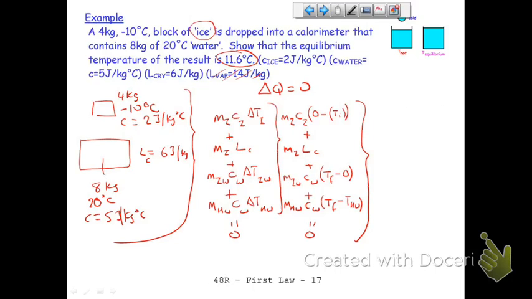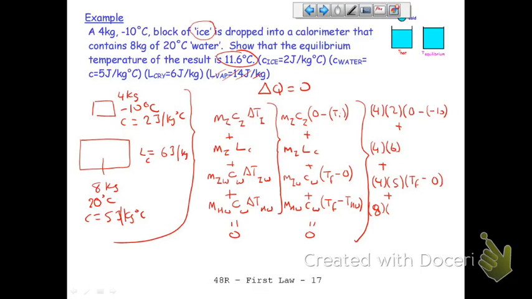So then I go mass of the ice. Looking at my diagram, 4, 2, 0 minus 10, plus 4, 6, plus 4, because it's just the same molecules, 5, TF minus 0, plus 4, oh no, now this is the hot water, 8.